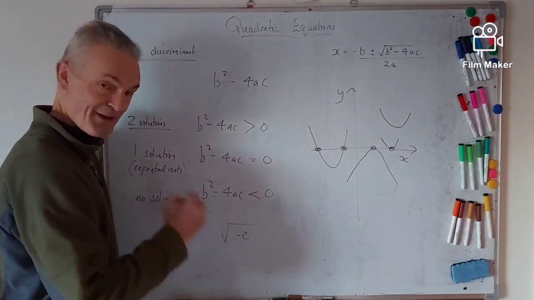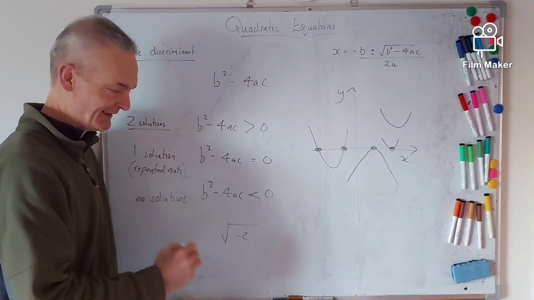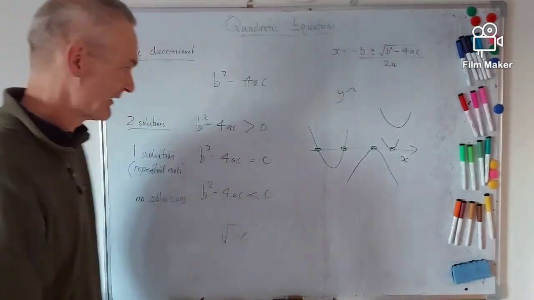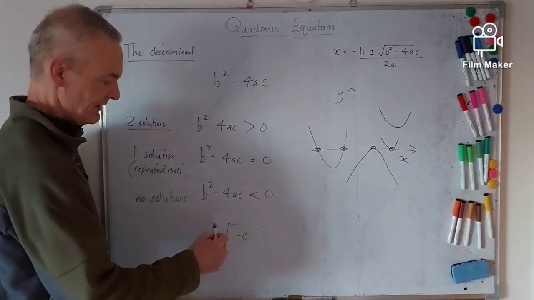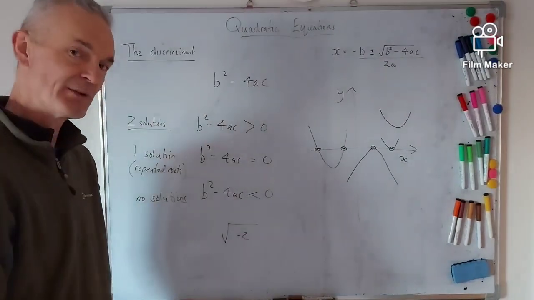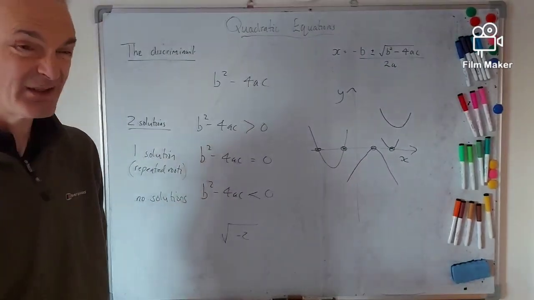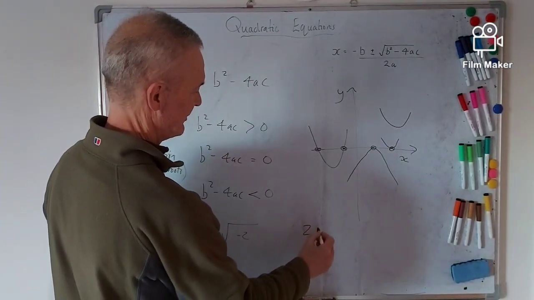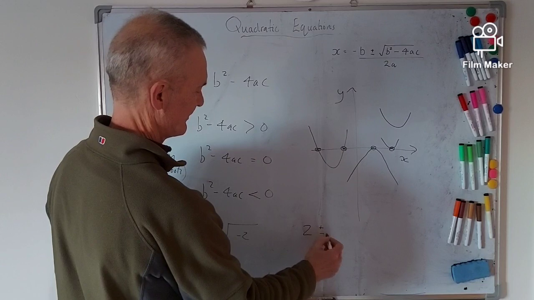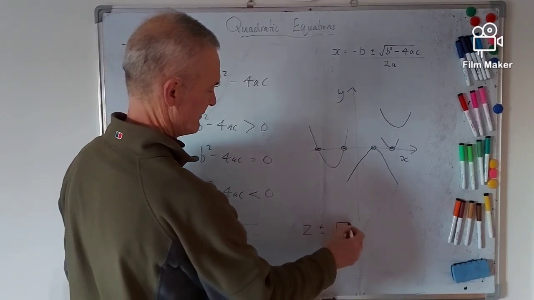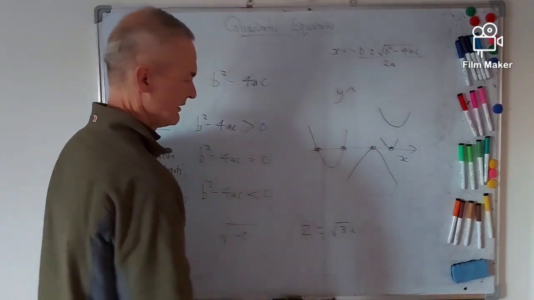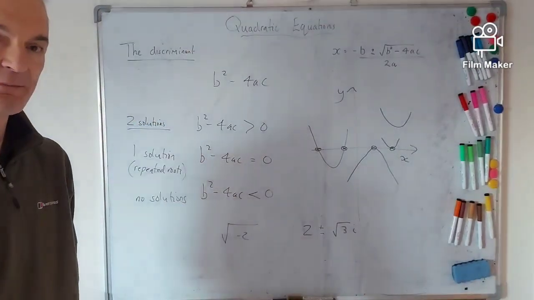Now, I mentioned the word calculator there deliberately. If you use your calculator to solve these quadratics, if you get one like this, your calculator may well give you a solution, and that solution may look something like this. For example, it could be 2 plus or minus something like that.